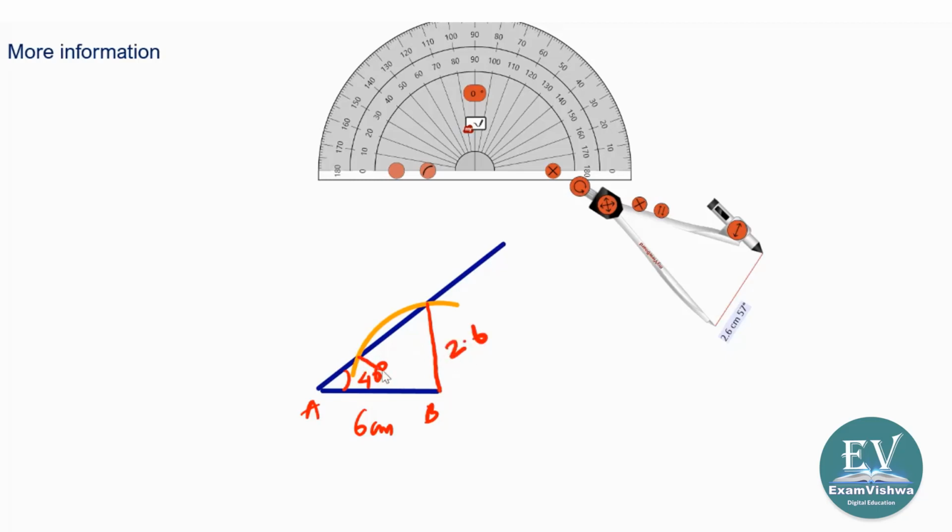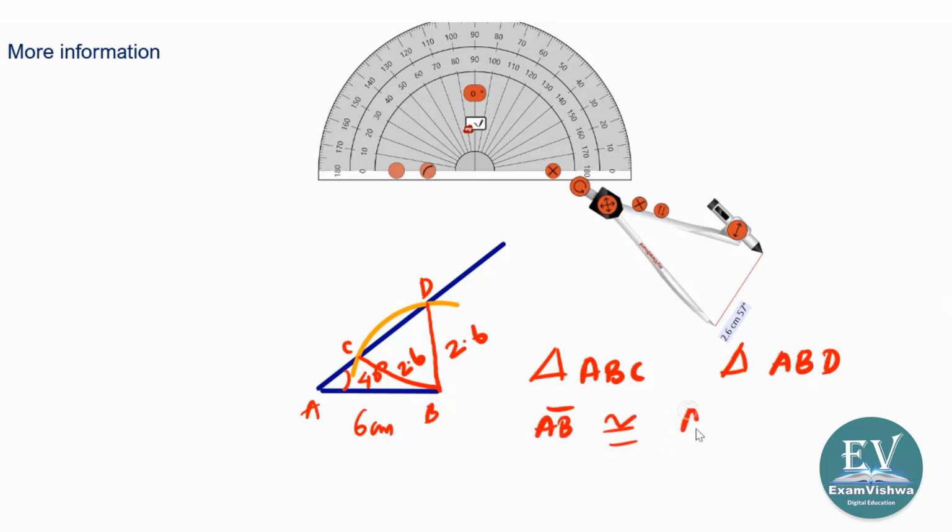This distance is also 2.6. Now if I mark C over here and D over here, think about triangle ABC and triangle ABD. AB line segment is congruent with दूसरा triangle AB. Correct?